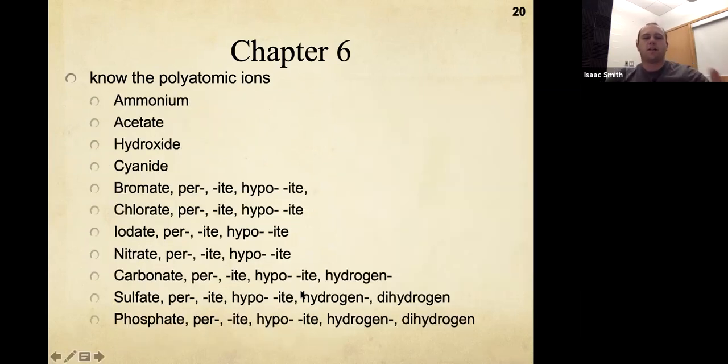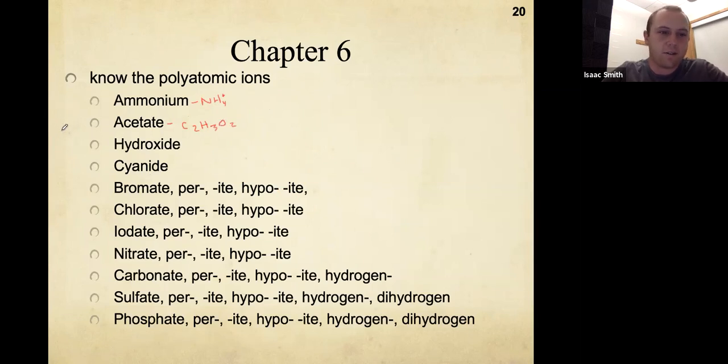So these are the polyatomic ions that you need to know, kind of summarized. And I know it looks like a lot, but just remember the rules. So ammonium, acetate, hydroxide, and cyanide, those ones you're just going to memorize, there's really only one form of them. So you have NH4 plus, and acetate is C2H3O2 minus.